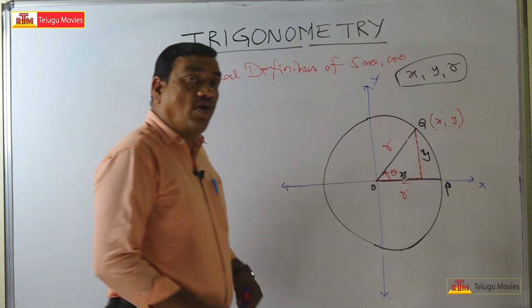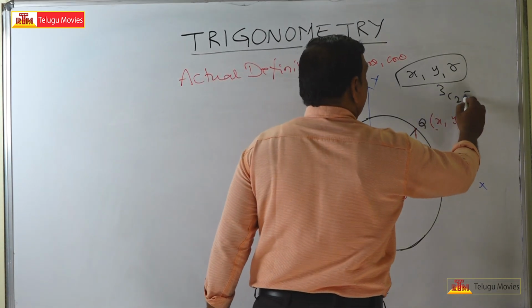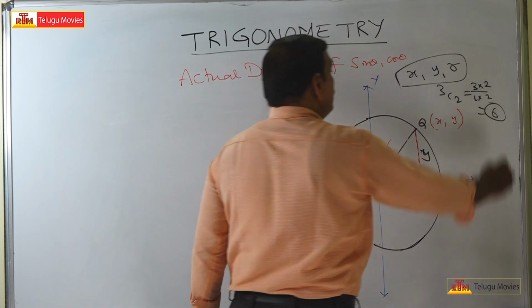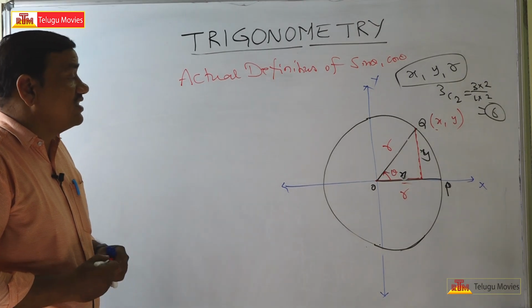Out of three quantities, two can be selected in how many ways? 3C2, that means 3 into 2 by 1 into 2, that is 6 combinations. What are the 6 combinations?